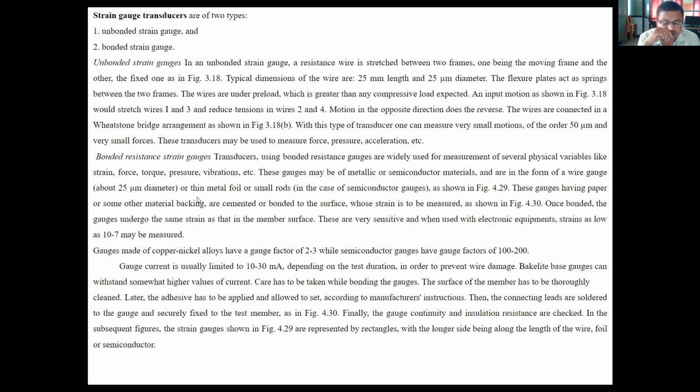Gauge current is usually limited to 10 to 30 milliampere, depending on the test duration, in order to prevent damage. Bakelite base gauges can withstand somewhat higher values of current.